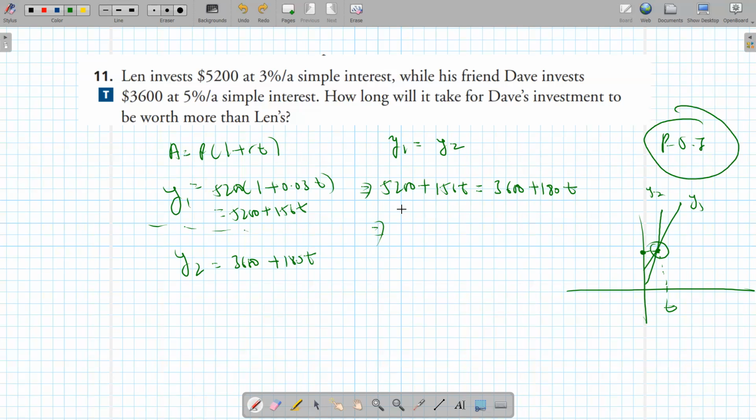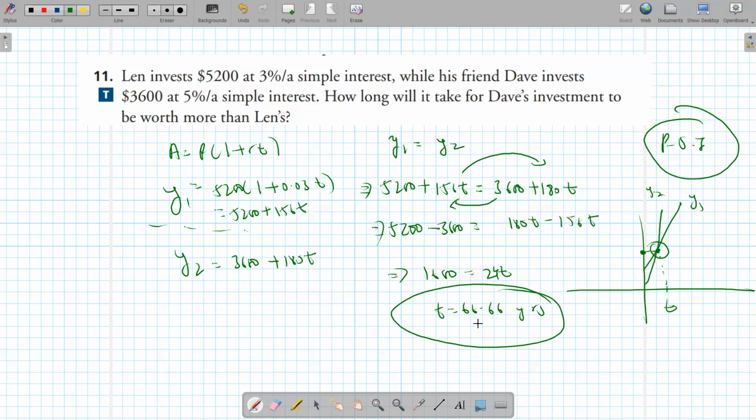You put the t's on one side, so we're gonna dump this on the other side. It becomes 180t minus 156t. And we're gonna dump the numbers on the other side, 5200, easy as that, yeah? That's 1600. On the other side we get 24t. So 1600 divided by 24. 180 minus 156 is 24. The answer here, T, is 66.66 years.